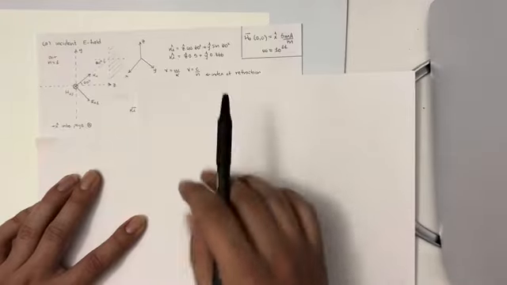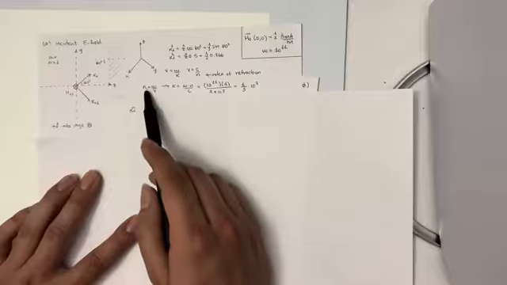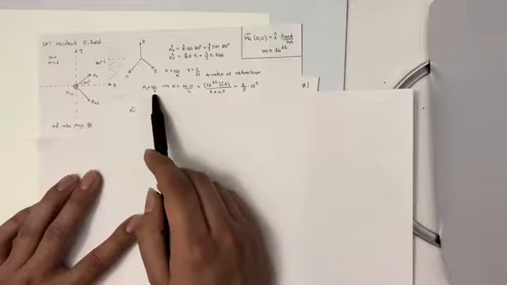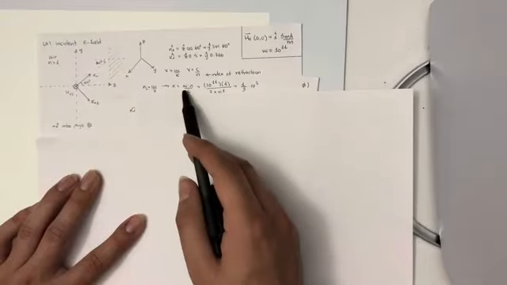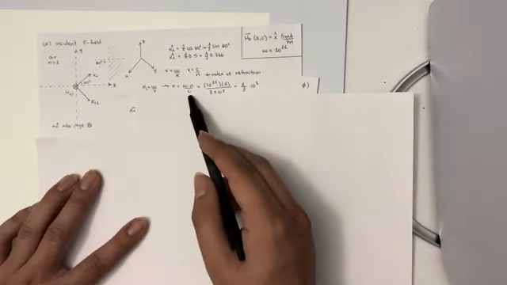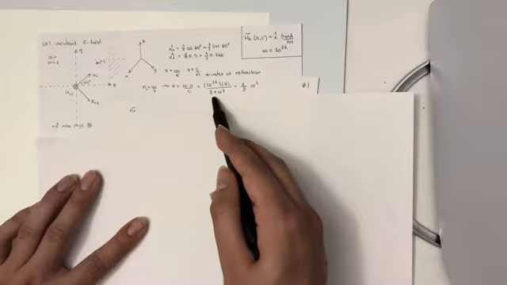Combining these two equations, we find that the wave number, or k initial, is equal to omega over velocity, which is equal to omega times n over c. We know that c is a constant, the speed of light, which is 3 times 10 to the power 8.